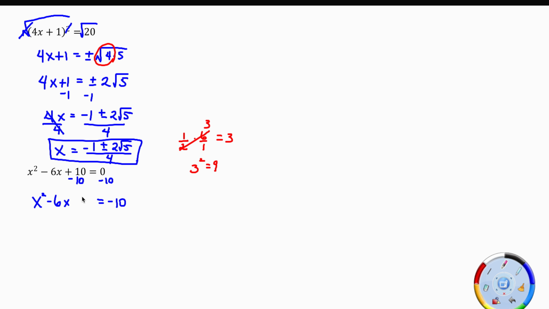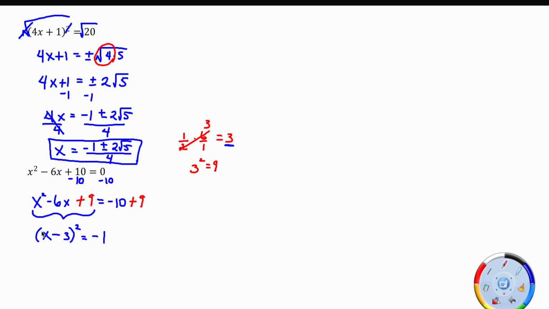That's the number I want to add to both sides. The reason I want to add that particular number is it makes this a perfect square trinomial, and I know how it factors automatically. It's going to use this sign and this first value I arrived at, all squared. And then 9 minus 10 is negative 1.